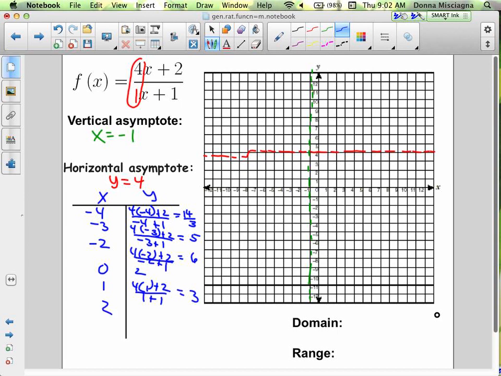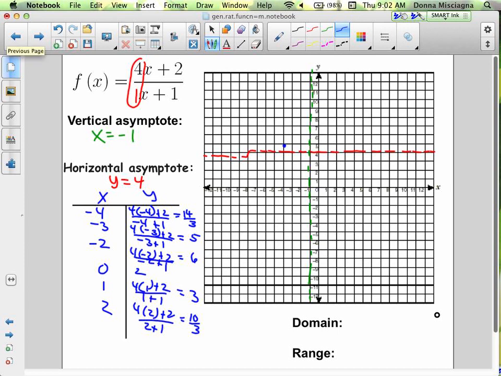And then finally, let's use 2. That would be 4 times 2 plus 2 is 10, and then 2 plus 1 is 3, so 10 thirds. Not bad values. All right, so we'll graph those. Negative 4, or 14 thirds, so it's going to be 4 and 2/3 right there.